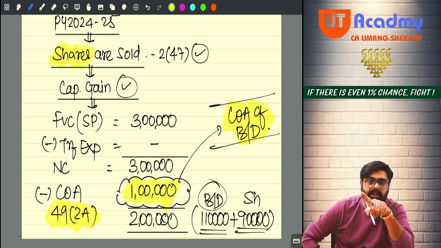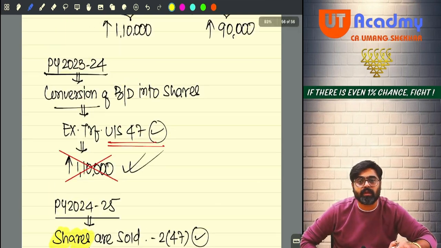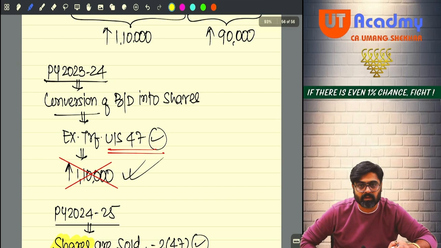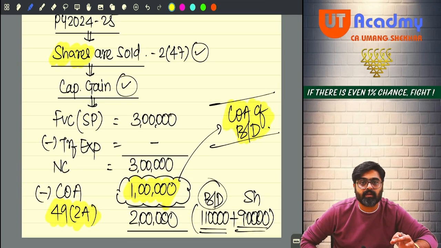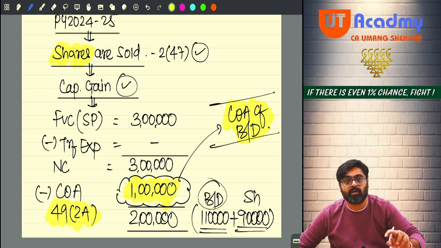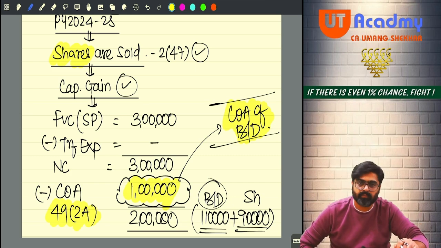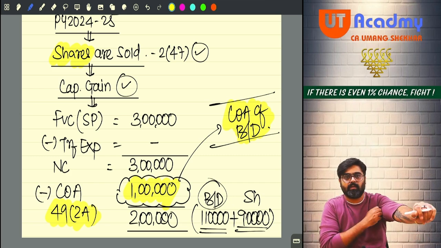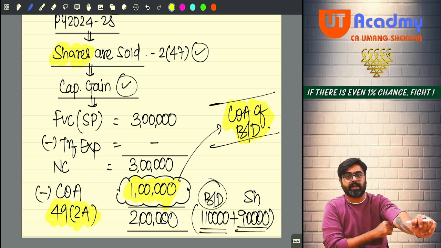Only if this 1 lakh is taken, only then the gain which was exempted earlier on the conversion, as well as the gain for the period for which the shares were held as stock in trade, both the gains which are realized right now will be charged to tax. And we are not going to leave both the gains. We are going to charge tax on both the gains.